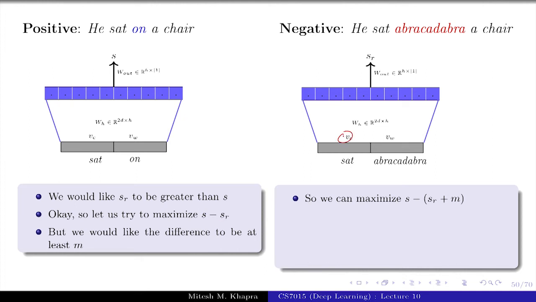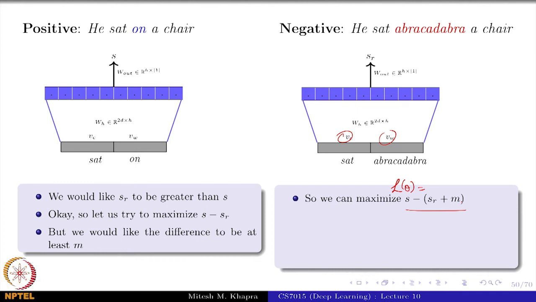Now suppose you are at some point of training and you have reached some parameter configuration. That means you have learned some values for VC and VW, and you do the forward propagation, compute S and SR, and you actually find that this condition holds. Right now my loss function is this. At some point you are doing this and you observe that this condition holds. That means S is actually greater than SR plus M. In that case, what do you want the loss to be? How many of you get the question?